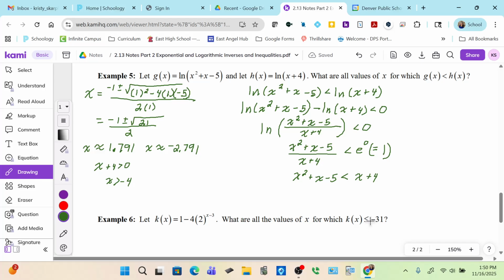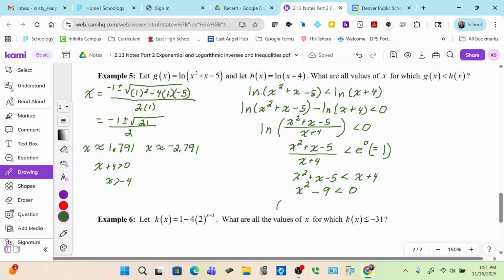And now I can move everything to the other side of my equation, and I'm going to have x squared, x minus x will cancel out, negative 5, I will end up subtracting 4, becomes a minus 9, is less than 0.